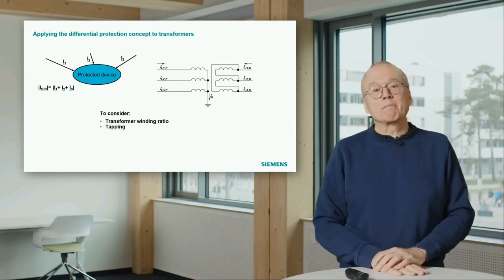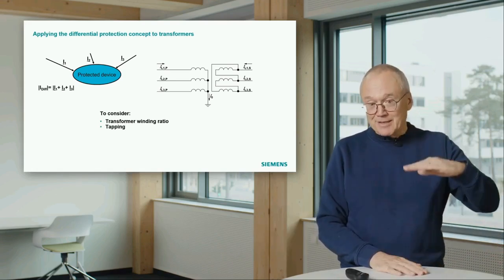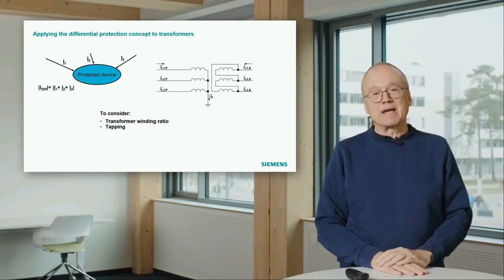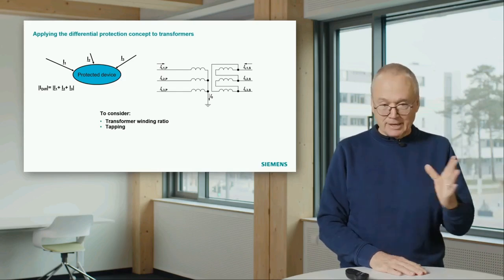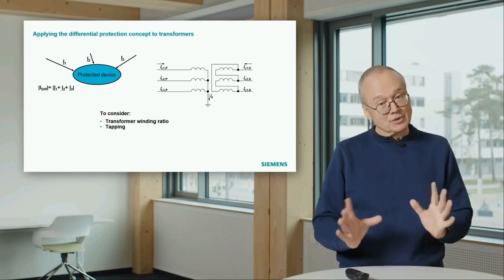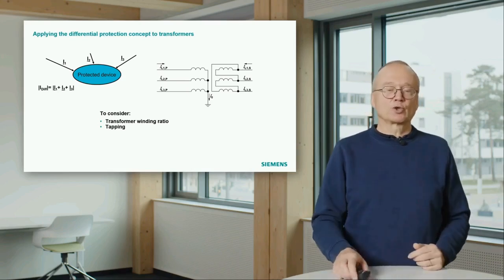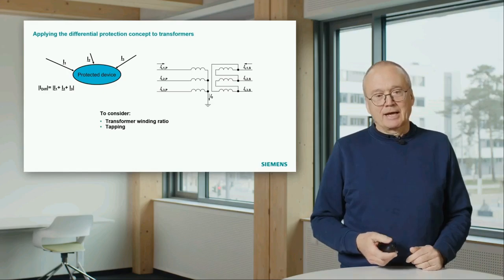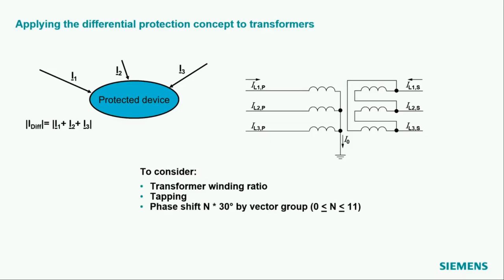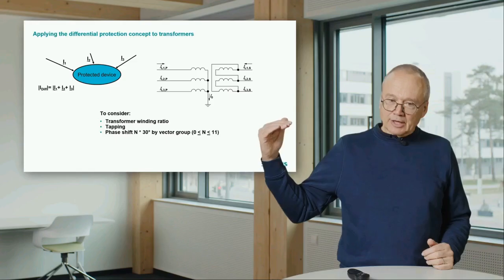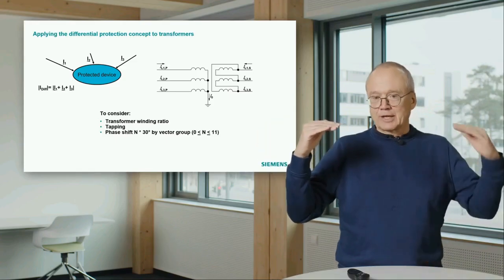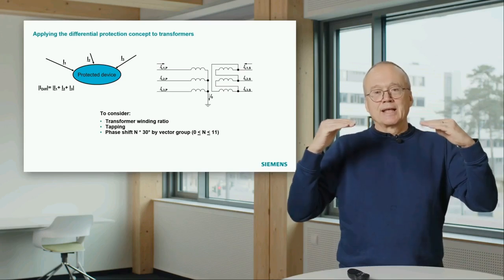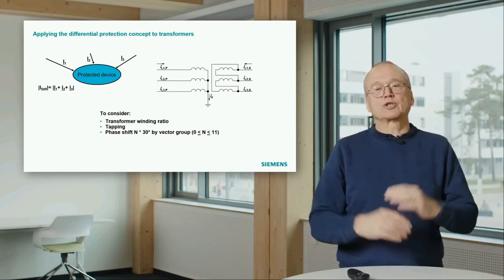Then the transformer may have tapping. That means the winding ratio may change depending on what the tapping is. That is a little bit a disturbing thing. The big thing is this one, the phase shift. If you look at that transformer here, that is a star delta transformer, the current on the right side and the current on the left side have a phase shift.